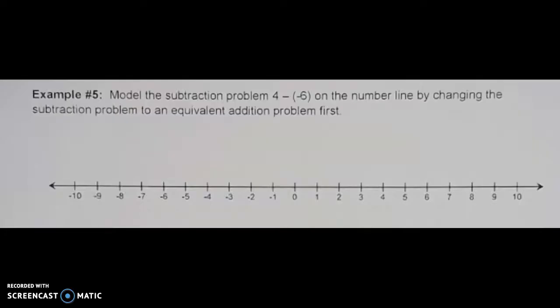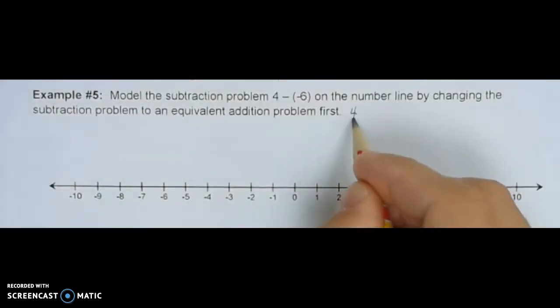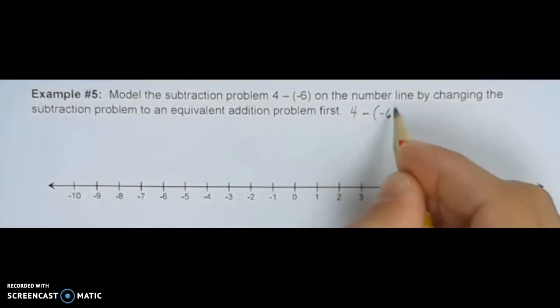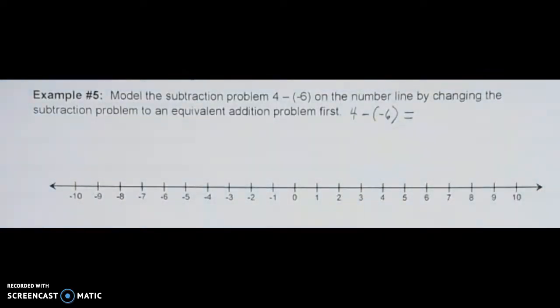In example 5, they want us to model the subtraction problem 4 minus -6 on the number line by first changing the subtraction problem to an equivalent addition problem. Okay, so I have this subtraction problem, 4 minus -6. They would like us to rewrite it as an addition problem first.